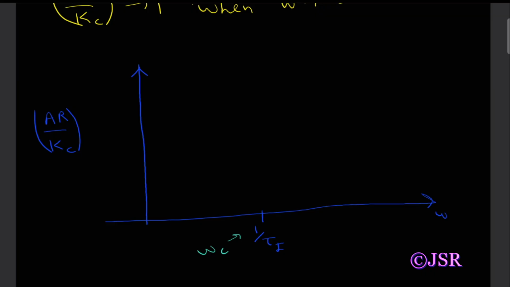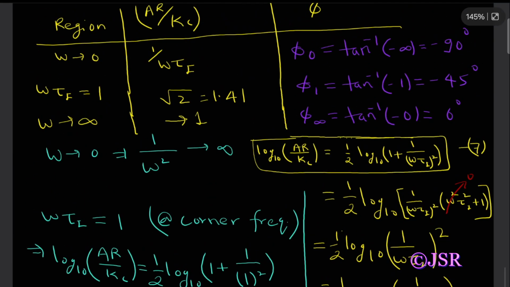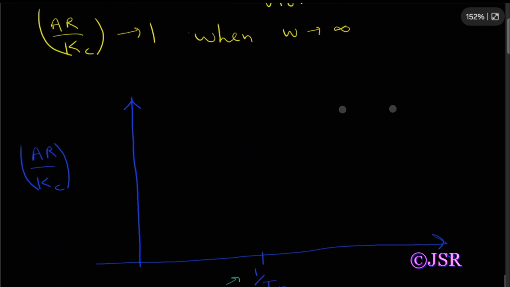So at corner frequency, the value of AR by Kc will be 1.41.